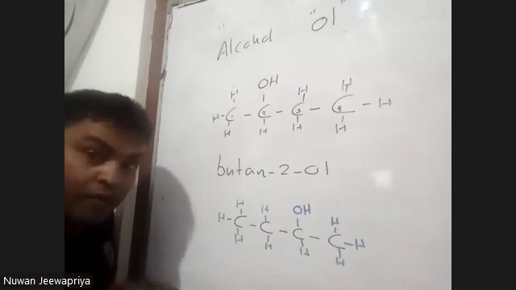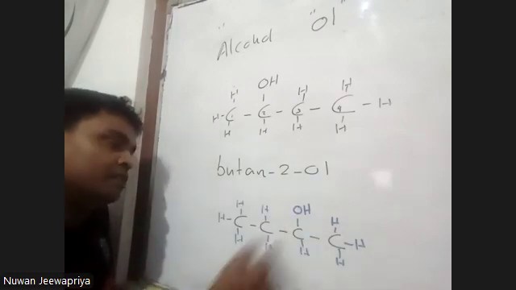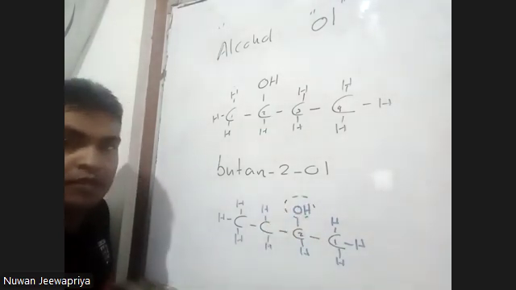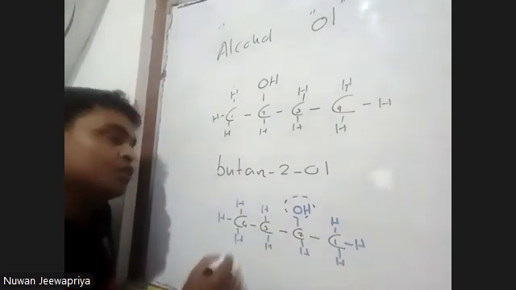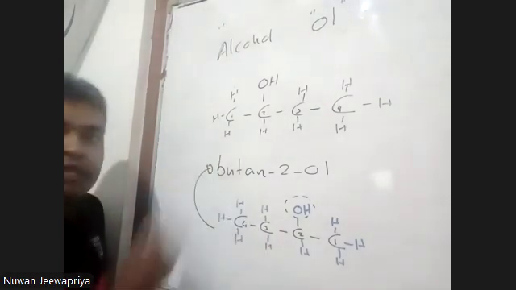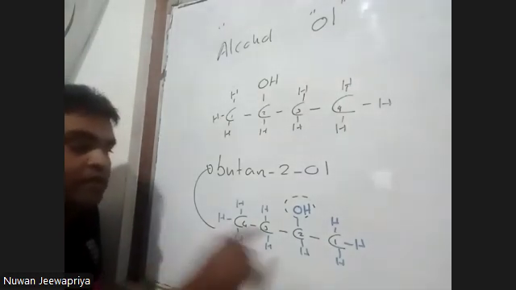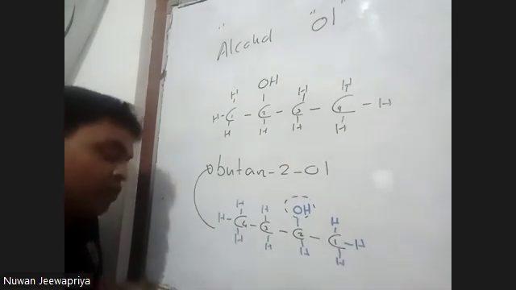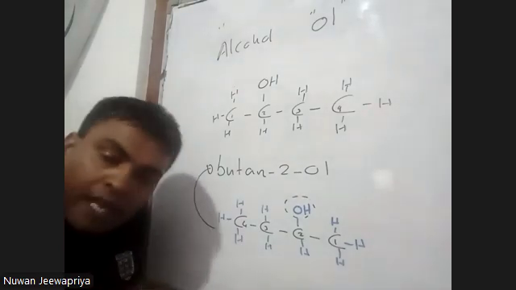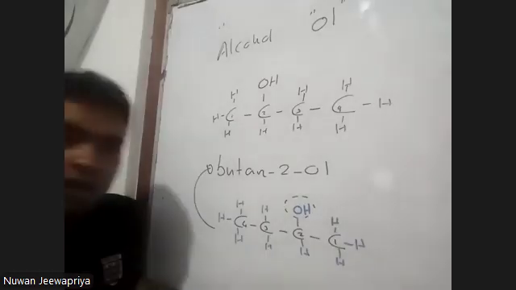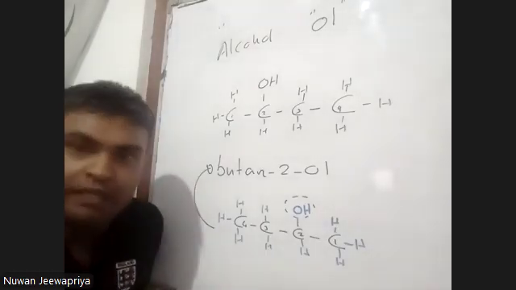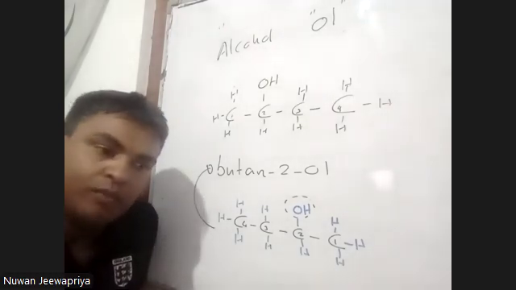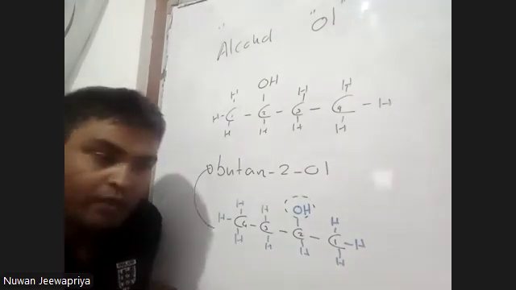Because you have to count from the other side. If you count from the other side, second carbon has OH. So the same name butan-2-ol is coming because totally 4 carbon, second carbon has OH. Right. Likewise, pentan-1-ol, pentan-2-ol, pentan-3-ol, likewise the things are coming. So that is the IUPAC nomenclature of the organic compound.